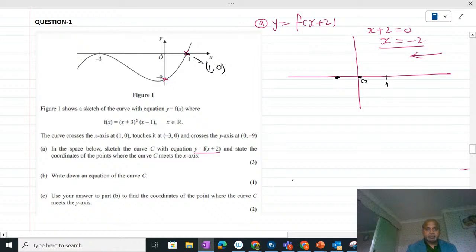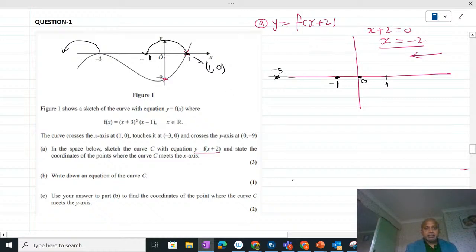So the graph is shifting at this point. It means this point is coming here at -1. So we can write down here -1. Is that okay? And this is -3. So -3 is going 2 units back, so it is coming at -5. So this point will be -5.